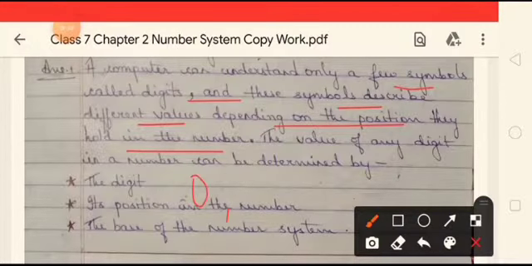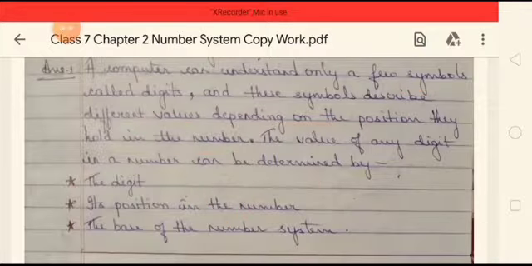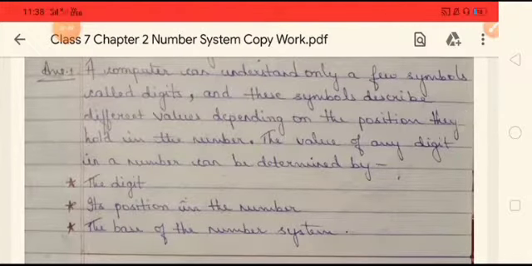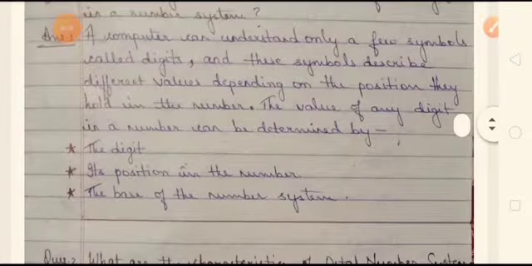They are 0 and 1. The number system that comprises 0 and 1 is known as the binary number system. But in every number system, the digit has its particular value.